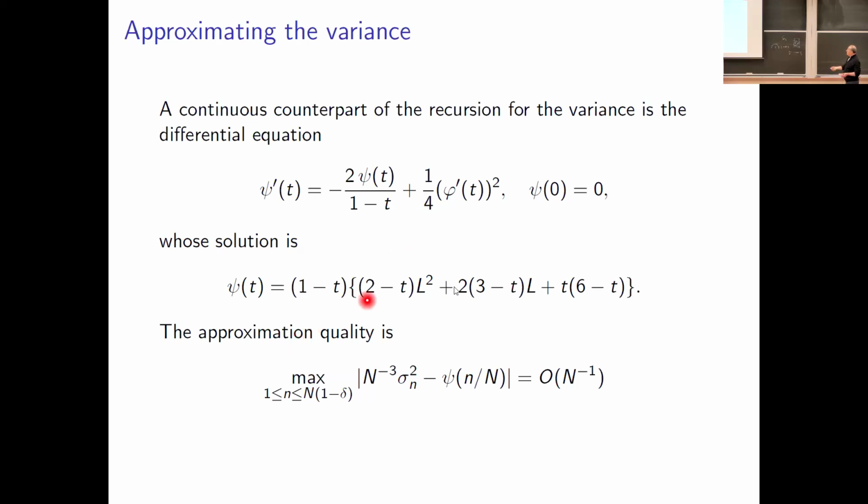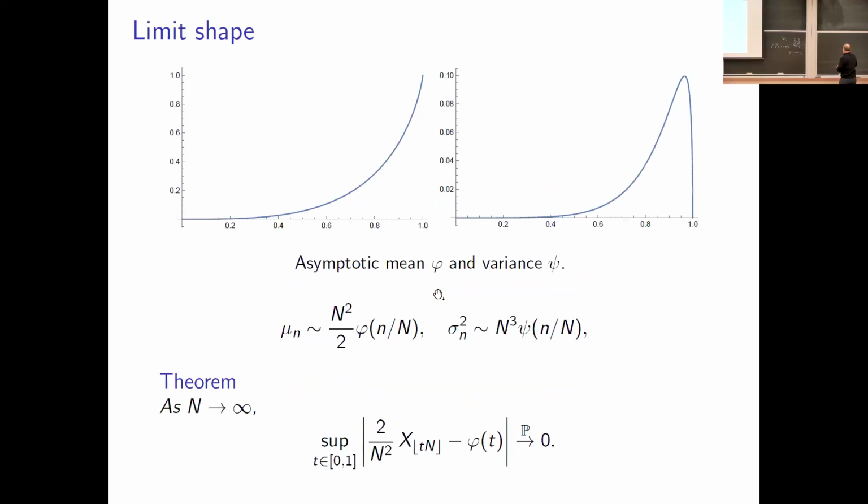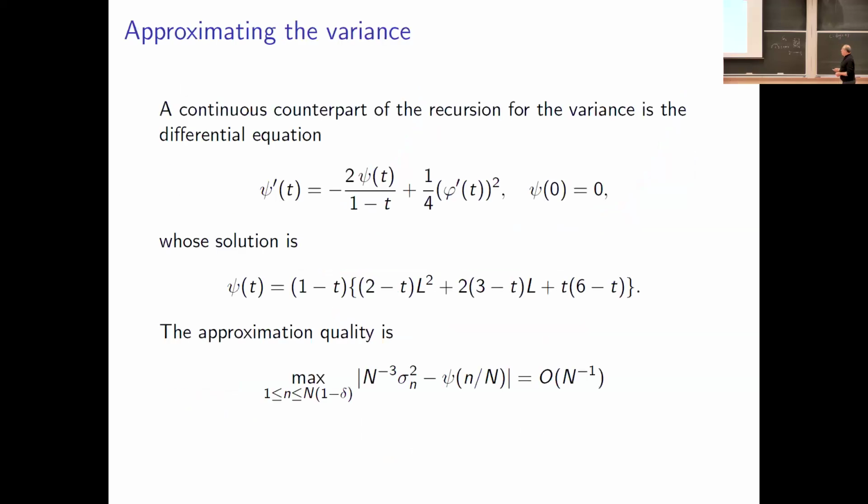Okay, so this is the explicit solution. And to recall the notation, L is the logarithm of 1 minus t, and the quality of approximation to the limit is again 1 over n with suitable scaling, away from the singularity at 1.